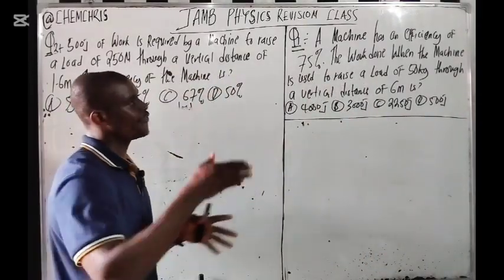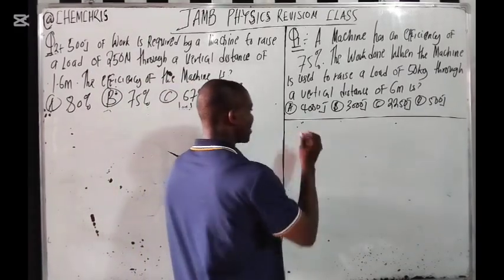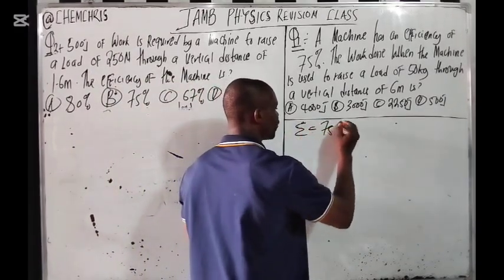A machine has an efficiency of 75%. So let us write our solution. The efficiency of the machine is 75%.